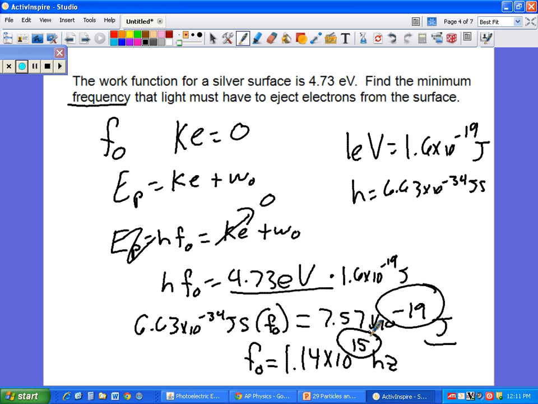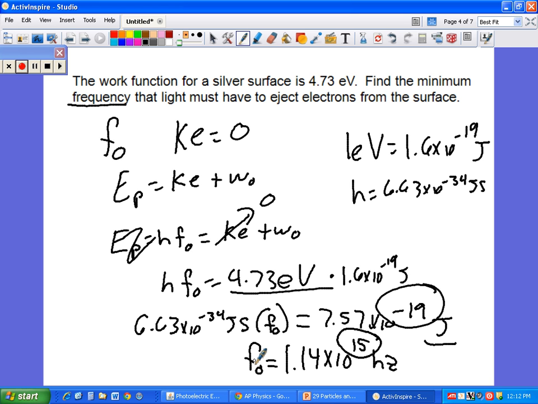You could get higher, you can't go much lower. This is the minimum frequency for silver, so you can't get any lower than this for silver and still have electrons removed. Work functions are relatively constant. Some metals have a larger work function, which means it takes a more energetic photon. Some have a bit lower, but very few of them get super low.